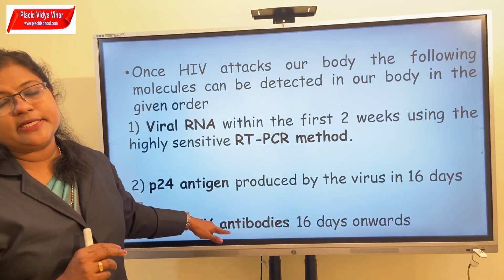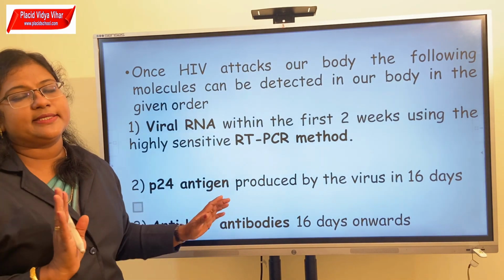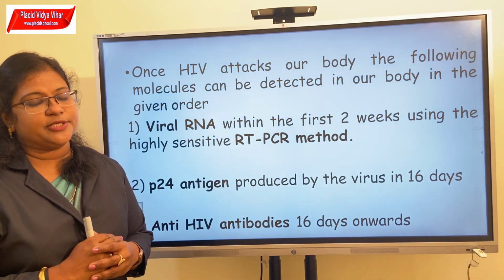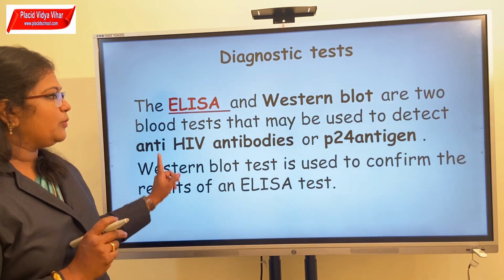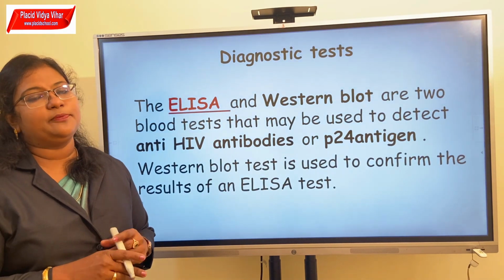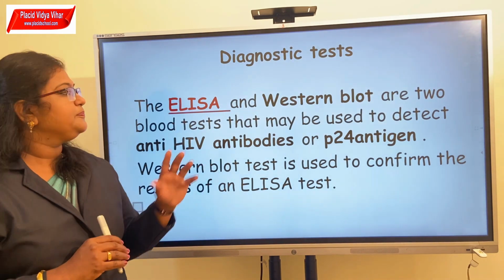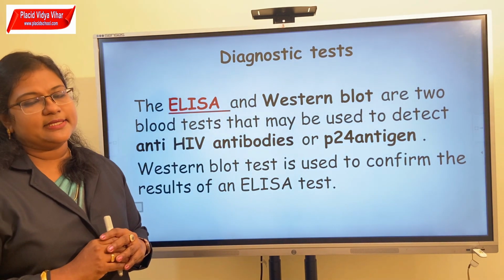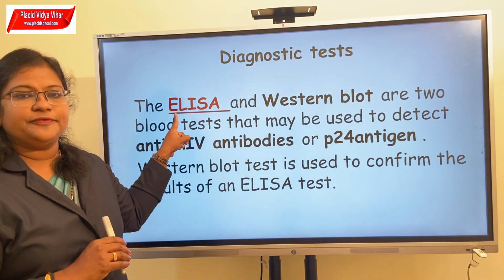We have to concentrate on the last phase, that is the antibody phase, which is the normal or routine test done for HIV infection. The routine test employed for HIV infection tests the presence of antibodies and sometimes the antigen also, mostly antibodies. And the name of the test is ELISA. ELISA is the main test which is used for detection of AIDS.